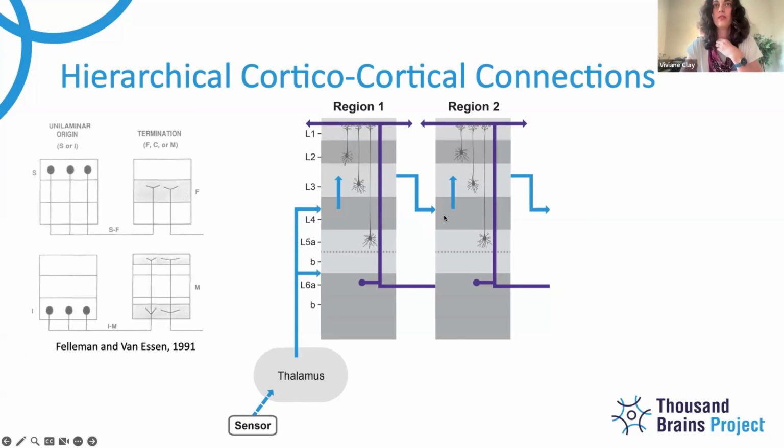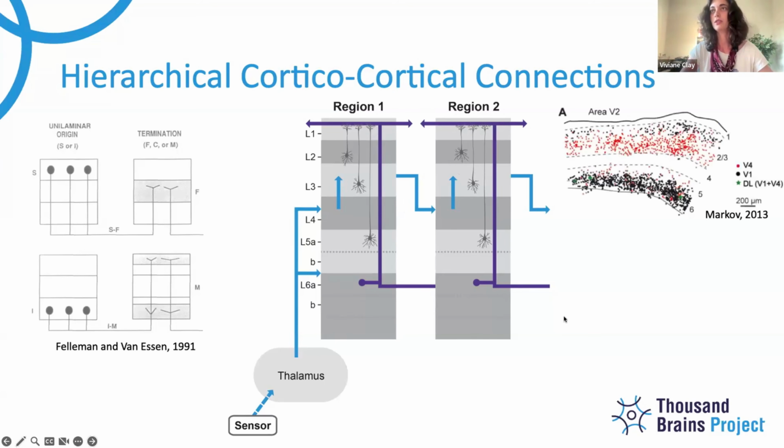So region 2 doesn't really have layer 3 to layer 4 connections down to region 1, and region 1 doesn't really have these layer 6 up to layer 1 connections to region 2. They're asymmetric. And that's how Felleman and Van Essen back in 1991 made this famous picture of the hierarchy in, I think, the macaque monkey brain.